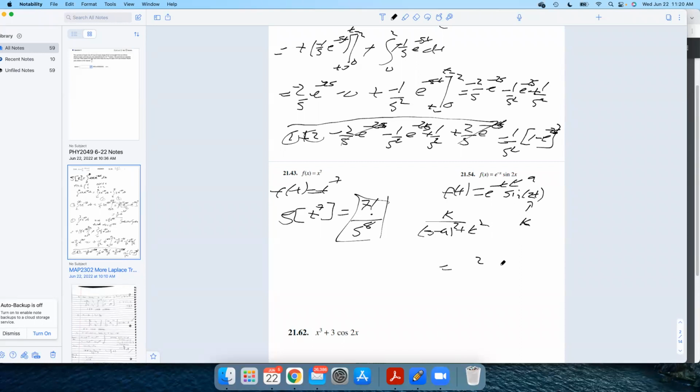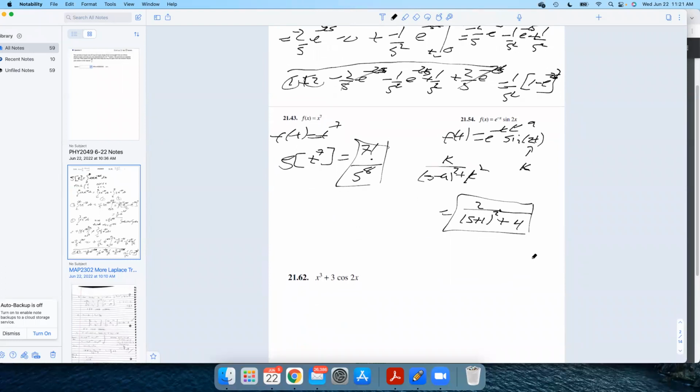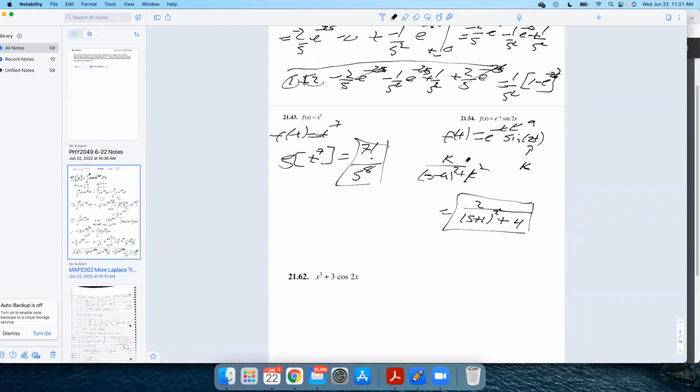We're going to get 2 over s minus -1, s plus 1 squared plus, and just to make sure this is clear, that's a k squared, 4. Most of the time when we're doing Laplace transforms, the hard part is going backwards. It's going from something that looks more like this to coming backwards and doing the inverse Laplace transform. But going forward is good practice for learning about going backwards.